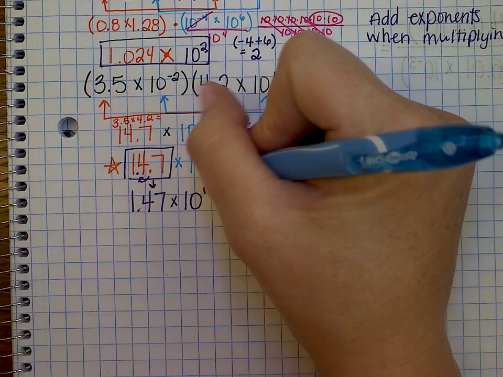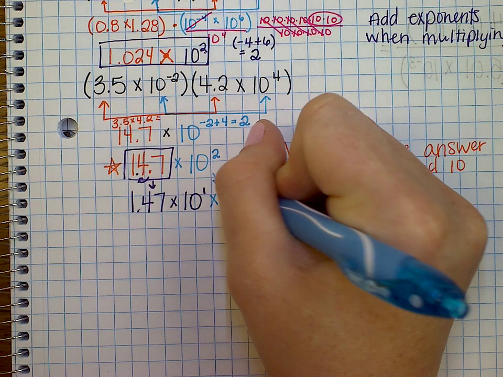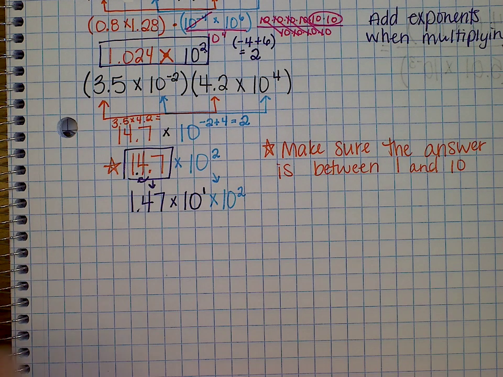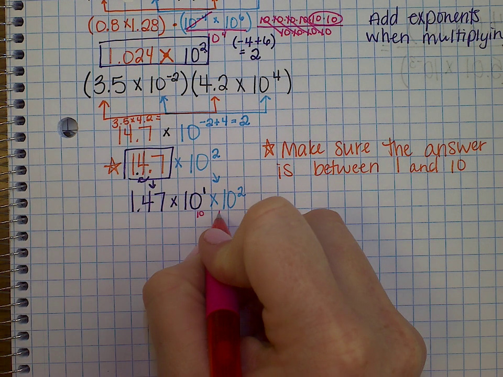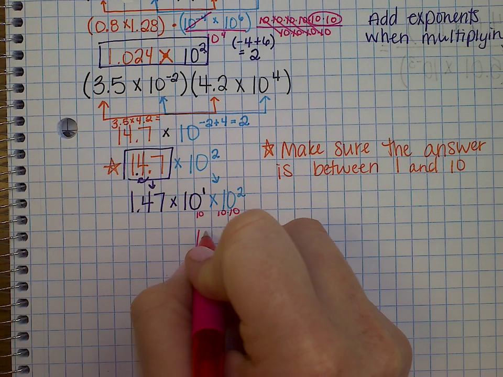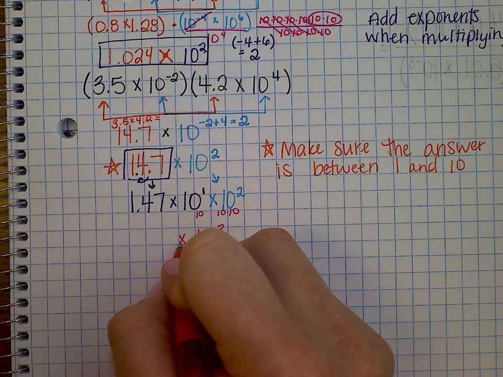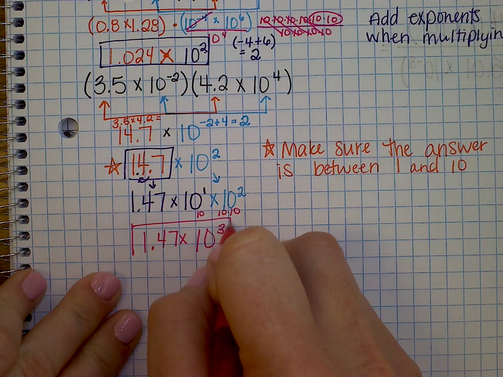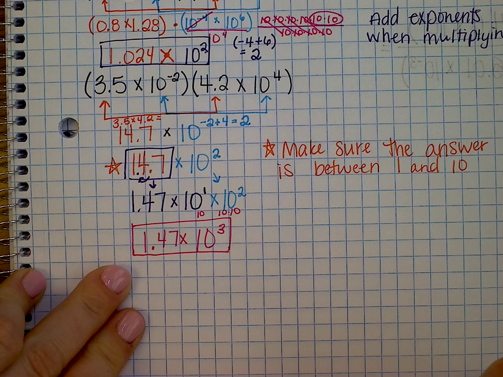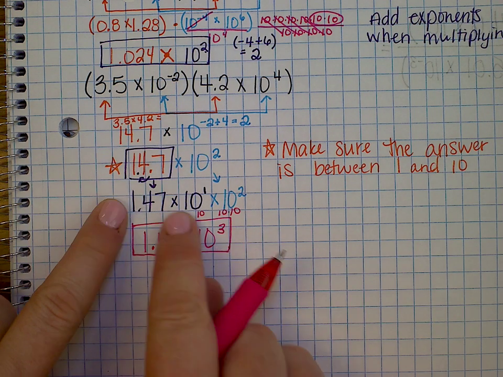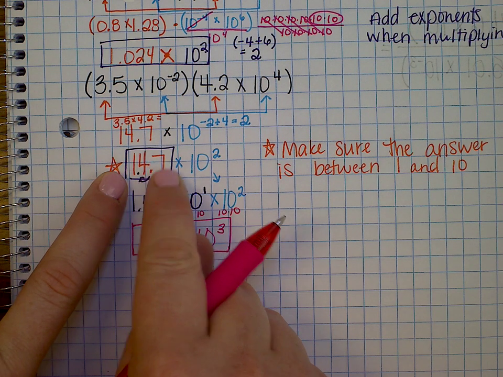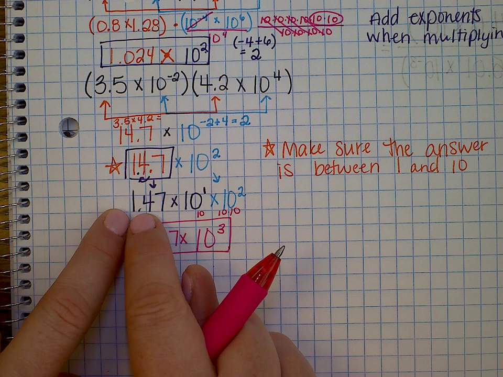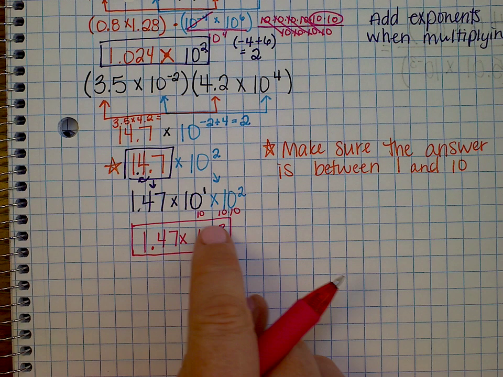And then we still have that times 10 squared. So then if you think about this, we actually have 10 times 10 times 10, so it'd be 10 cubed. So it'd be 1.47 times 10 cubed. Remember, this right here was the extra step because we had to get it from 14.7 to 1.47.